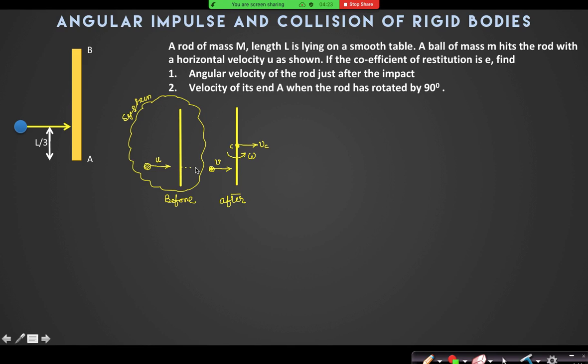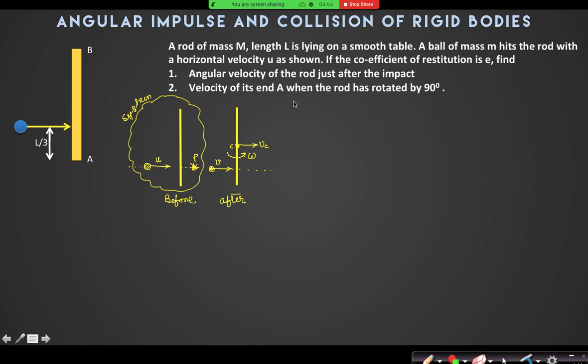So can I take any point that lies on this line of impact? Any point. Suppose I assume a point P here, right? This point P lies on the line of impact, and this point is not inside any body, rather it lies in space, a fixed point.